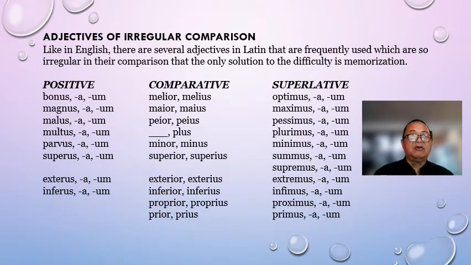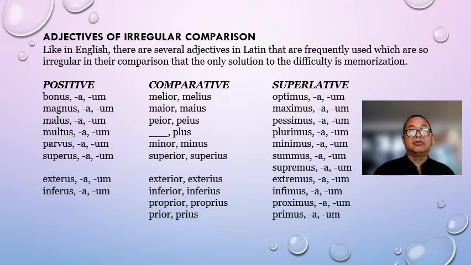So we come now to the irregular forms of comparison. So these are adjectives with irregular comparison. So just like in English, in Latin, there are also adjectives which have irregularities in the comparison. For example, in English, you do not say good, gooder, goodest.